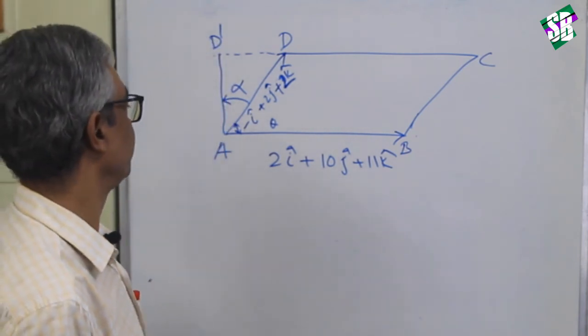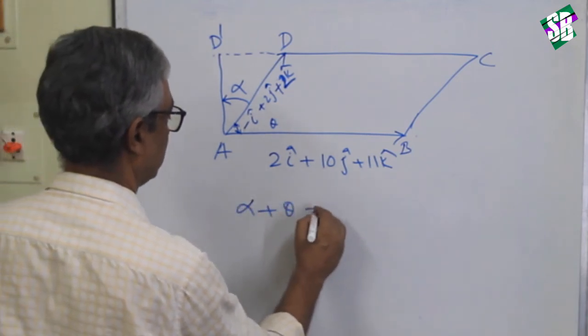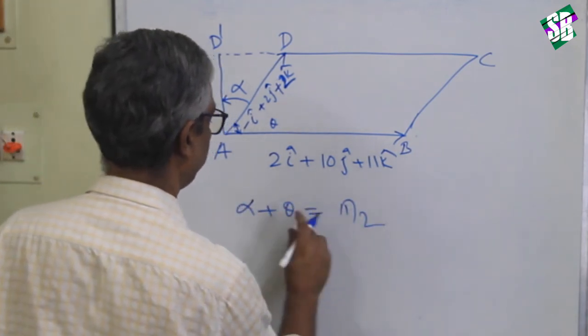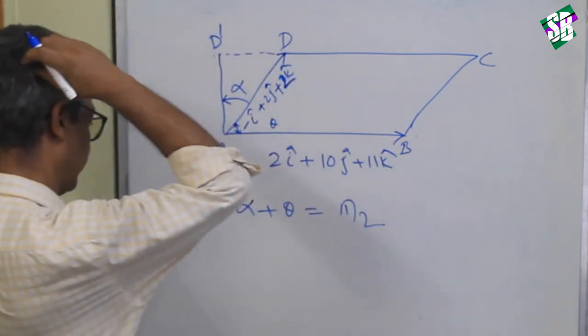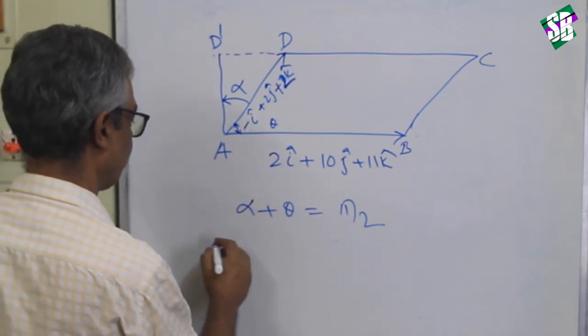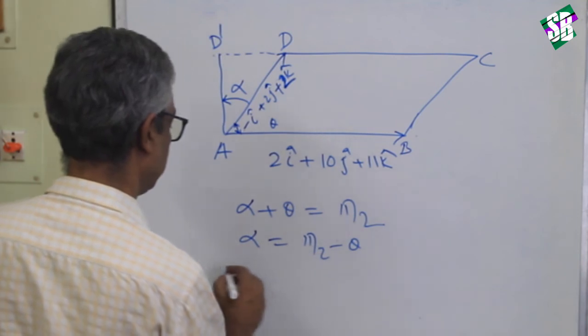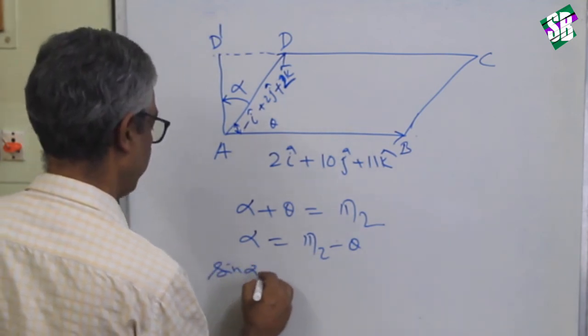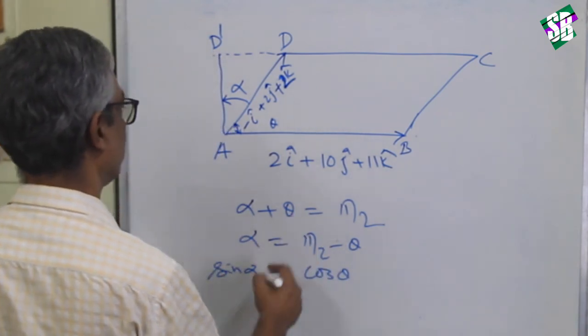How do you proceed? Look, it is clear that alpha plus theta equal to pi by 2, where theta is the angle between AB vector and AD vector. So alpha is pi by 2 minus theta. So sine alpha equal to cos theta. But what is cos theta?